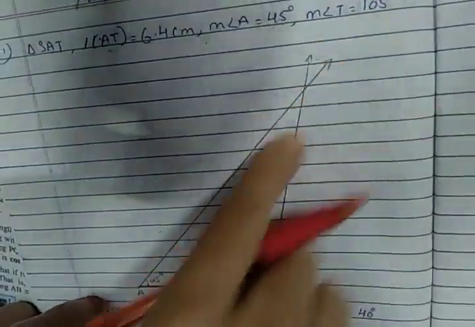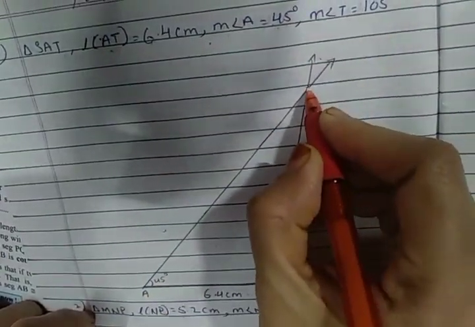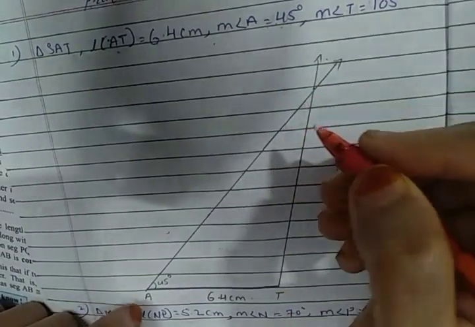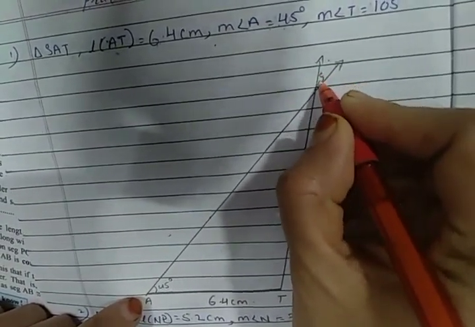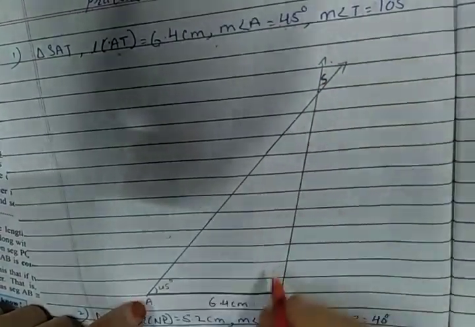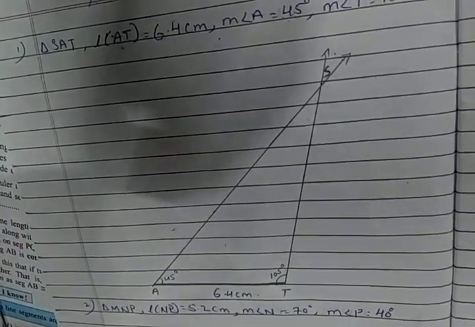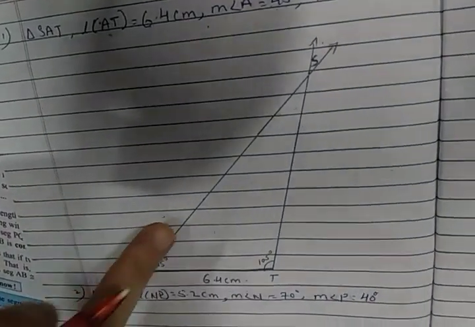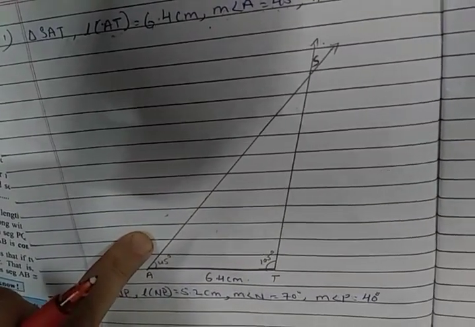I'm just increasing this line because we have to make point S here. This point name is S. And this is 105 degree. Have you understood, students, how to construct this triangle? How to draw this triangle? Got it? Now see the second one.